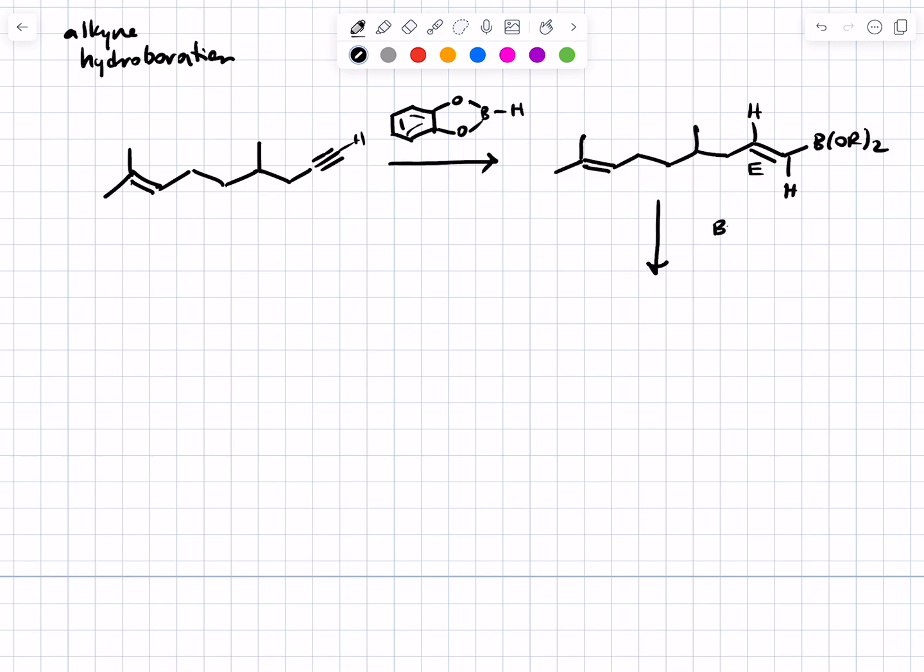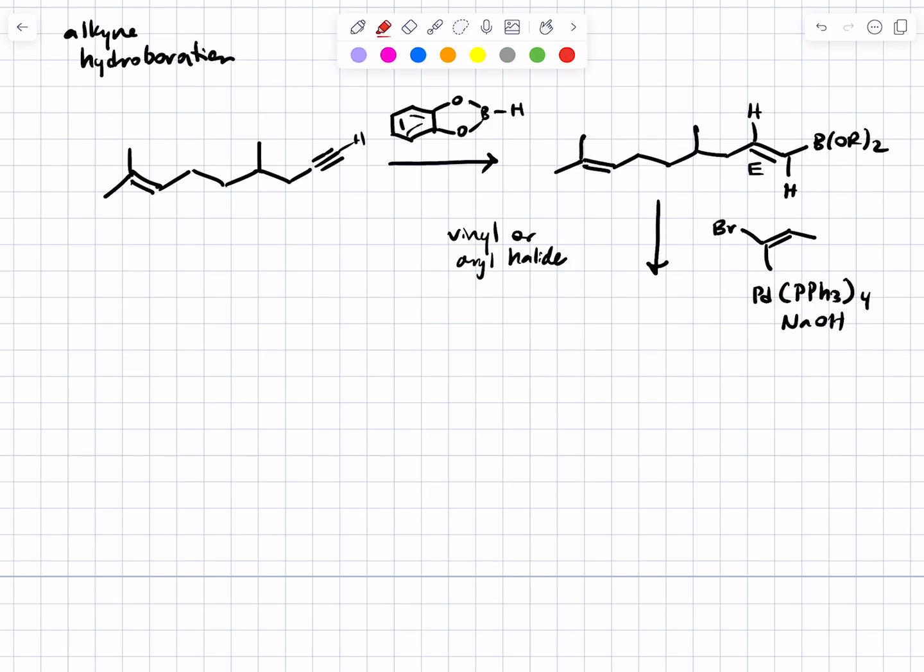The next reagent is this vinyl halide. I should have said at the beginning that the Suzuki reaction works fine for vinyl or aryl halides, as long as they are sp2 carbons. And then you need that palladium catalyst with the base.